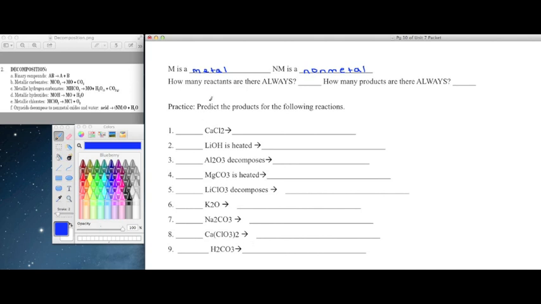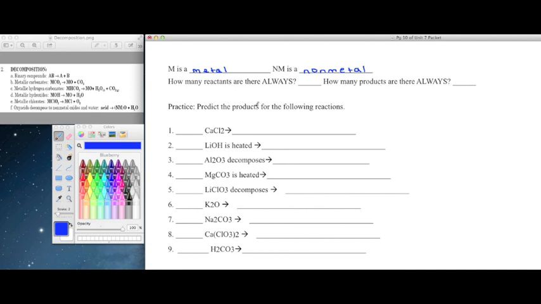All right. Now, you have a whole list on your cheat sheet that I gave you. The question you should be asking is, how do you know when you have a decomposition reaction? In these problems you know because you're in the decomposition section. But if I were to mix up these problems, which I will eventually do, how do you know that you have a decomposition reaction?